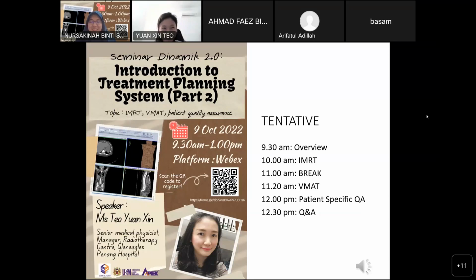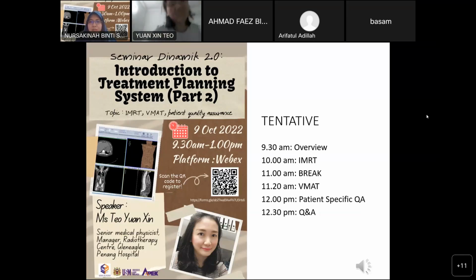Oh, I see. Okay. So this is basically today's tentative. We have done our first part, which is on the basics of treatment planning and 3D with a few beams.